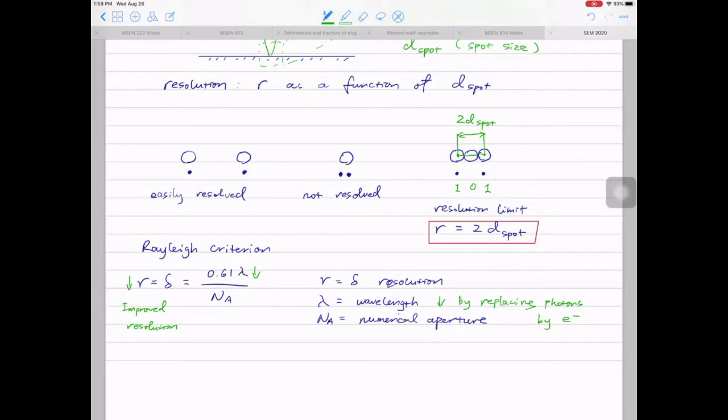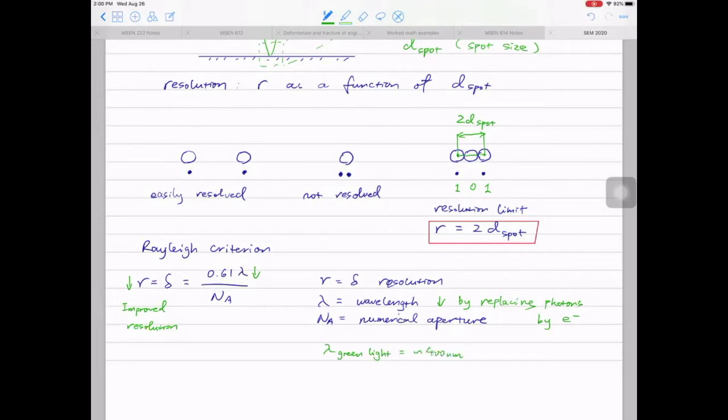But in this course, we mainly focus on comparing photons and electrons, because the change from photon wavelengths to electron wavelengths is so significant that NA does not matter that much anymore. I'll give you the example. For visible light, using green light as an example, lambda is about 400 nanometers.